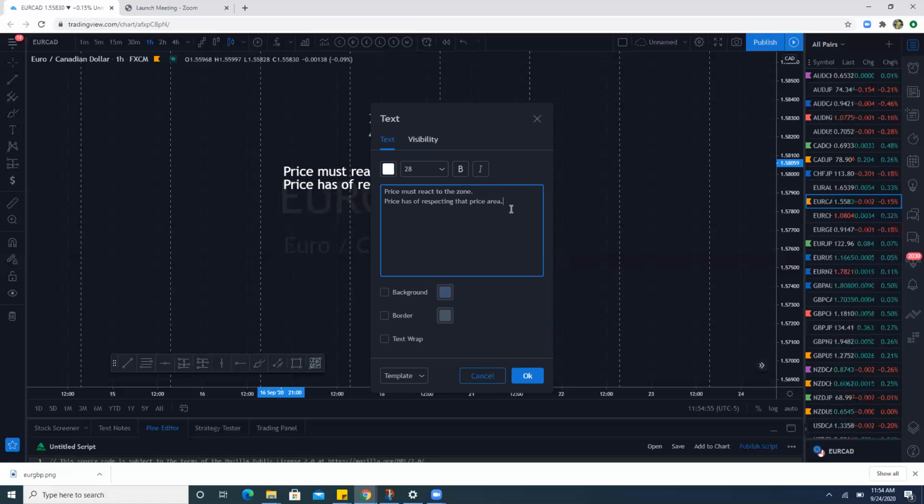So a zone is basically an area in the market to where price is going to have some sort of reaction, or people are going to come in to sell or buy from that zone, because it has a history of doing that.